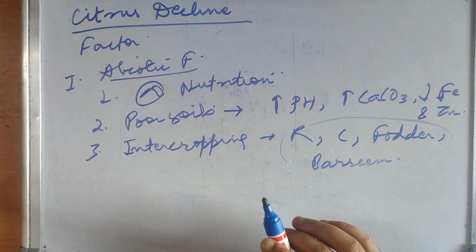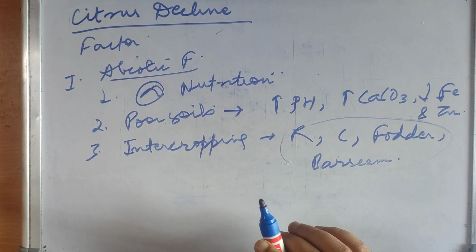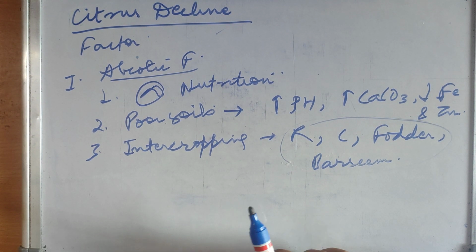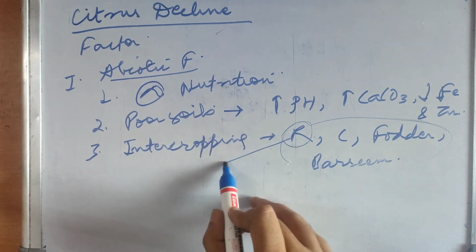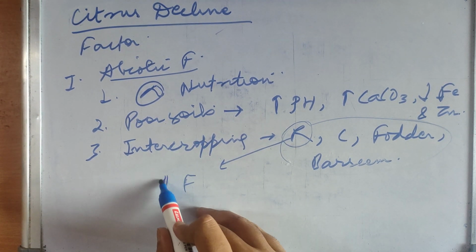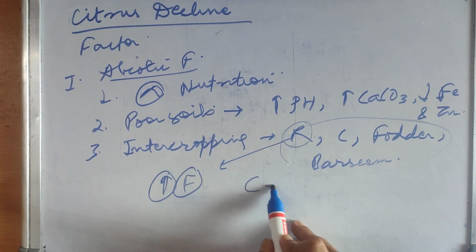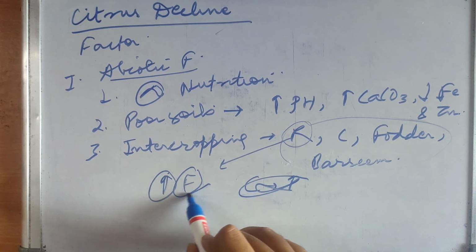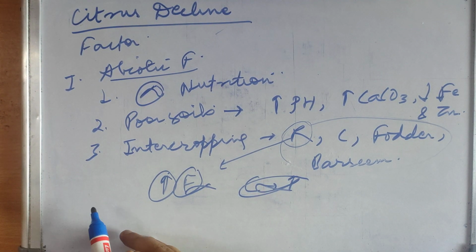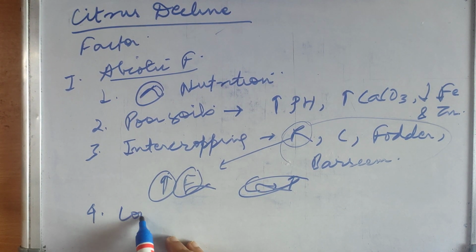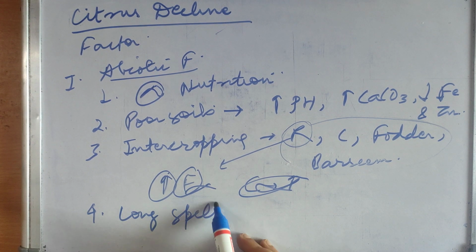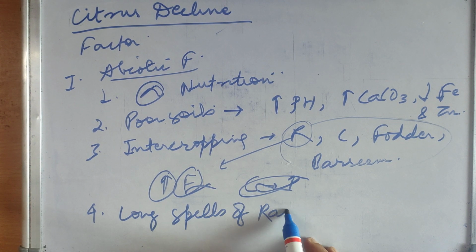Because the fertilizer requirement of these crops is different from that of citrus orchard, which disrupts root system and plant growth. Suppose we have planted rice with citrus, so rice needs high fertilizer, whereas citrus doesn't need that high fertilizer, so this will affect root growth. Also, long spells of rain is another factor. So these are some abiotic factors.